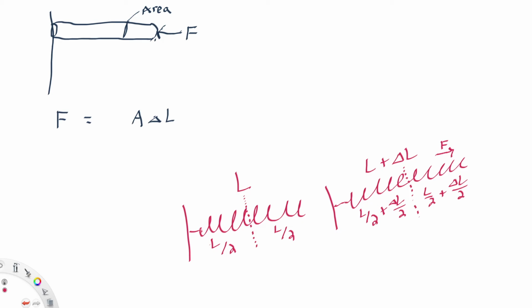Let's let a few answers flow in. So on a count of 3, type in same if you think that the tension is the same everywhere, or different if you think that the tension is different in various parts of the spring. All right, so on 3: 1, 2, 3, go.